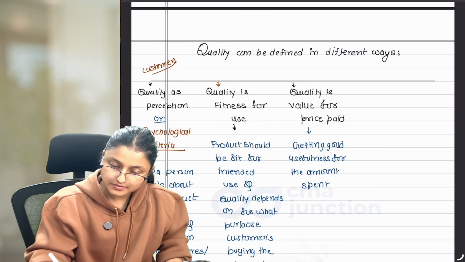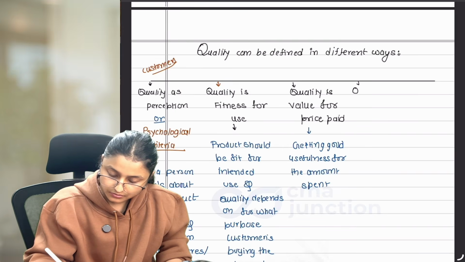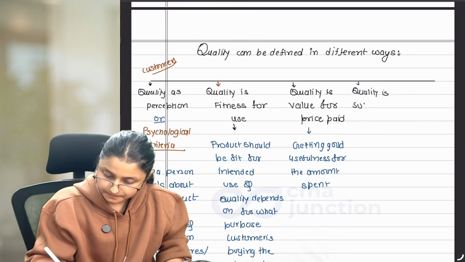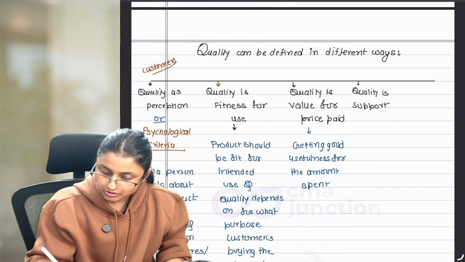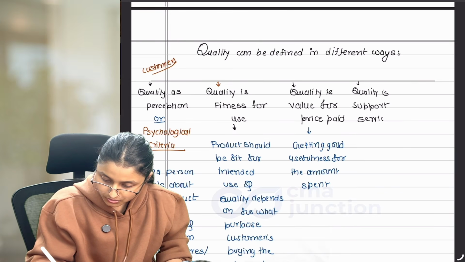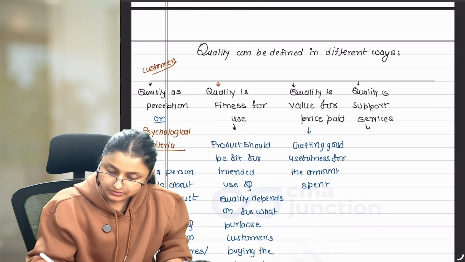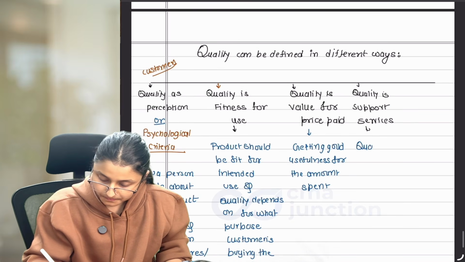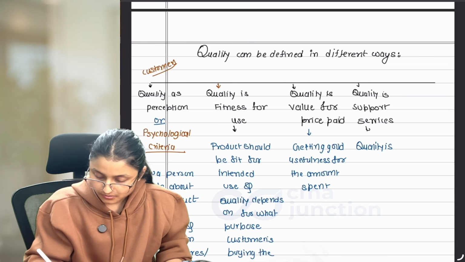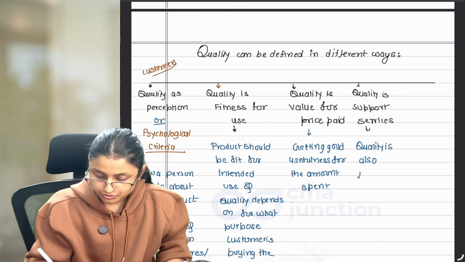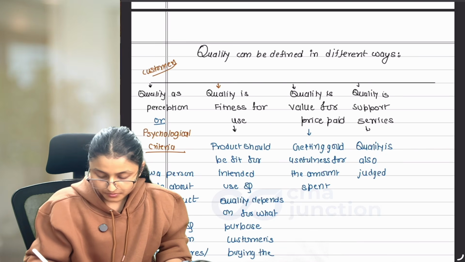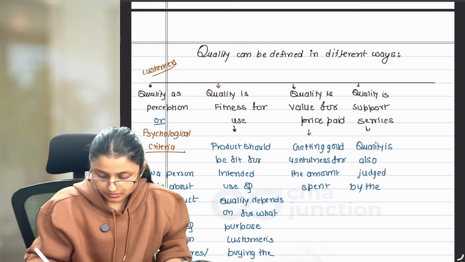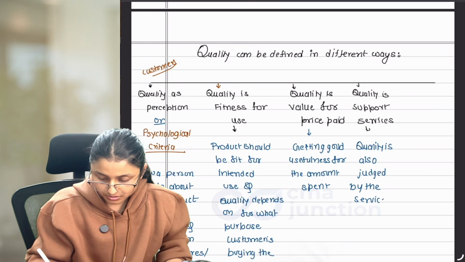Next, quality is support services. We as customers judge a product or service on the basis of support services surrounding that product or service. Quality is also judged by the services surrounding the product.